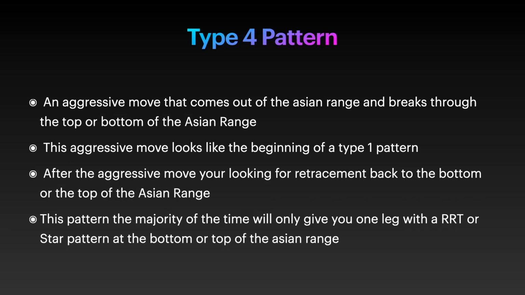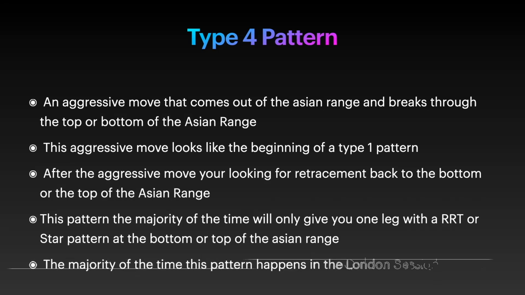Now, granted, these trades are not as common as the other patterns. Type 1s, 2s, 3s are very common. You'll see them all the time. Type 4 patterns, you won't see that often. But I think it's important that you know about it, so when you see the behavior happening early on during the Asian session going into London, you'll know what to expect.